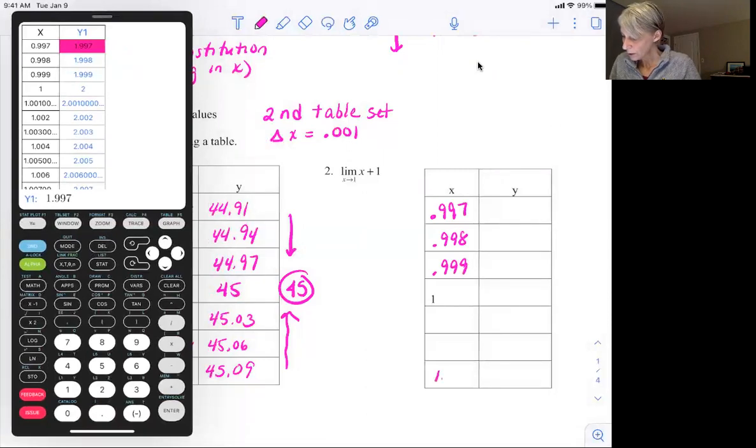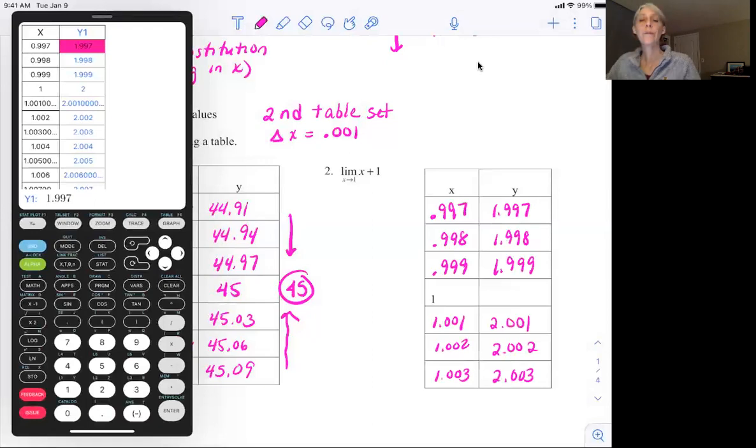1.003, 1.002. And our Y values, when I plug in, I get 1.997, 1.998, and remember, I'm leaving this one blank on purpose.